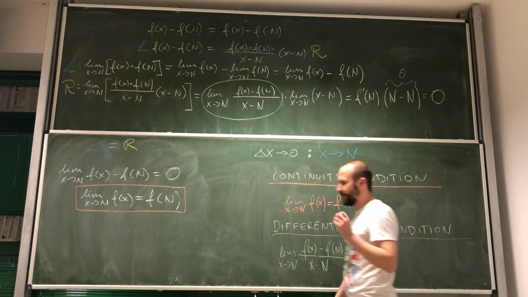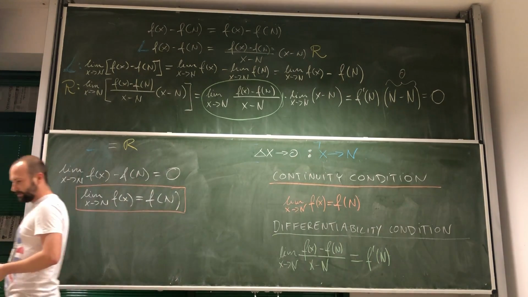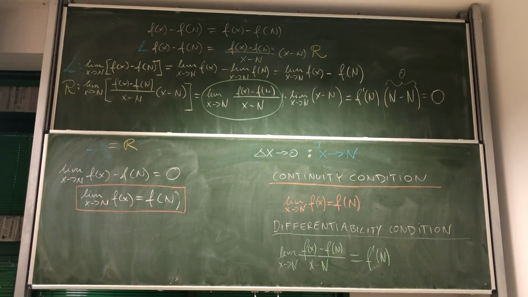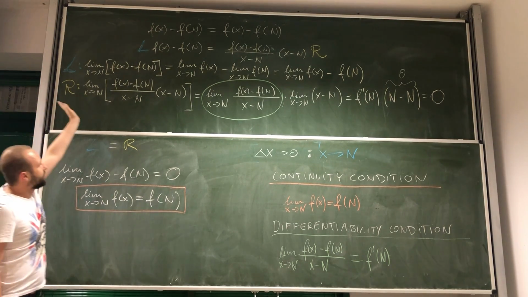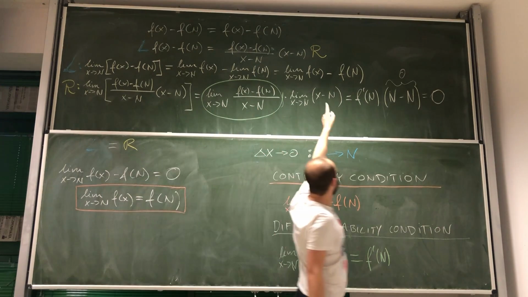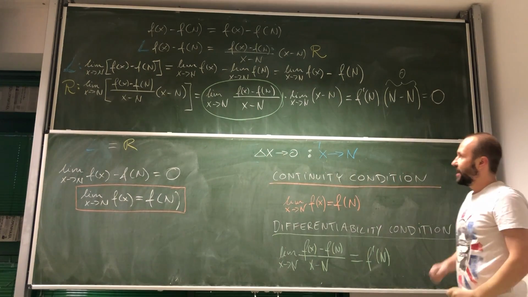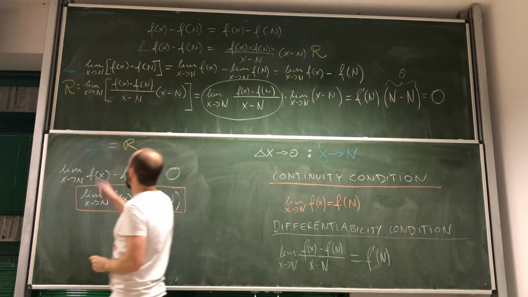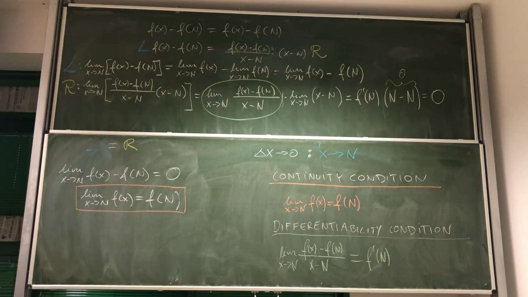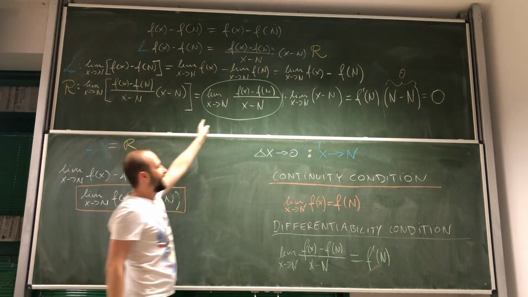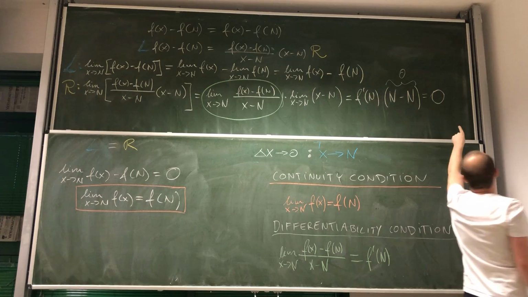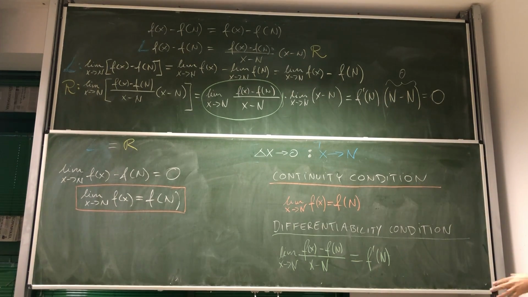Okay, so let's summarize all the steps we have taken. We got that if I take a limit of the left-hand side, I'm getting this expression. Now, if I'm taking a limit of the right-hand side, I'm getting 0. But for us to get 0, first we must be able to find the limit.